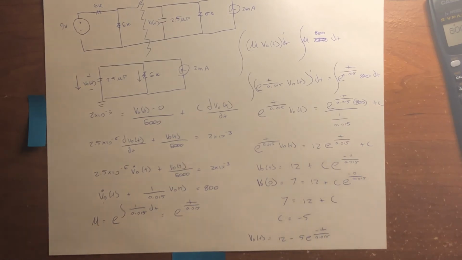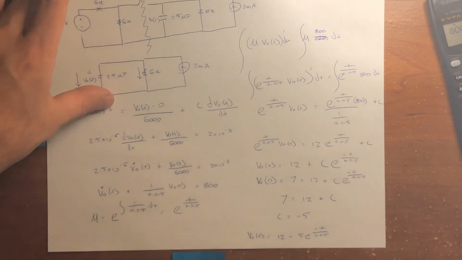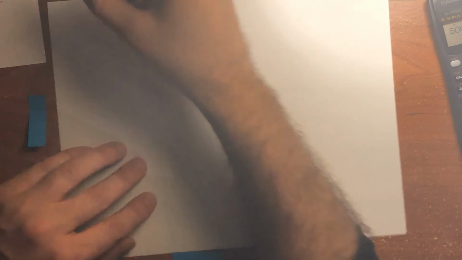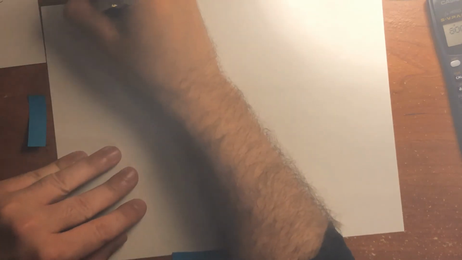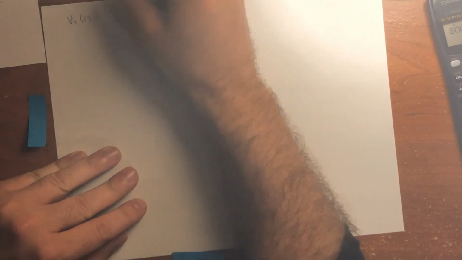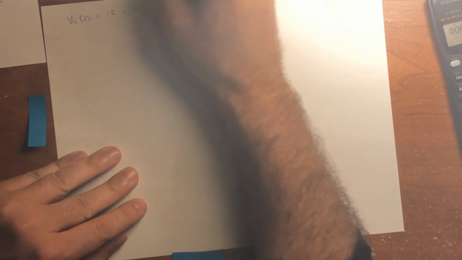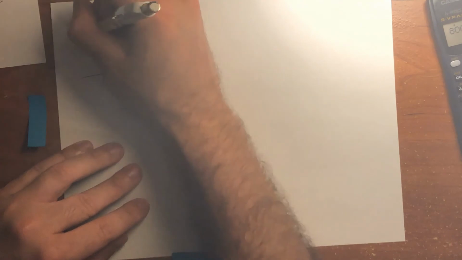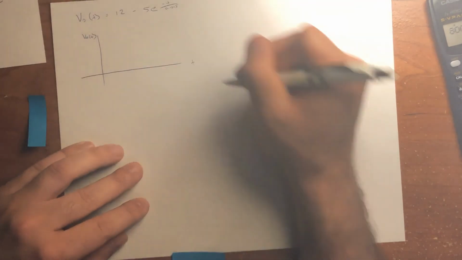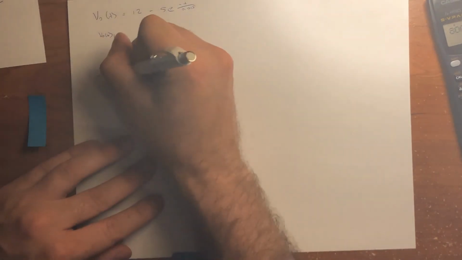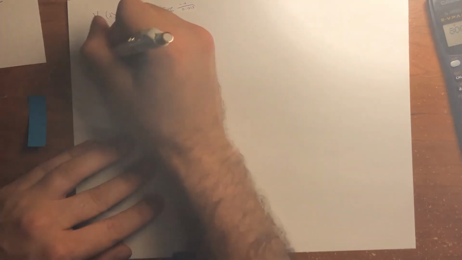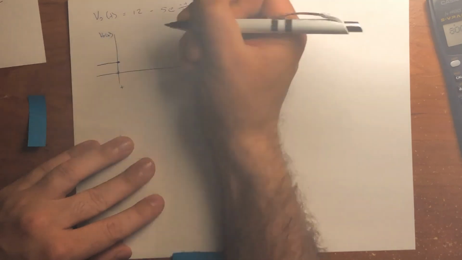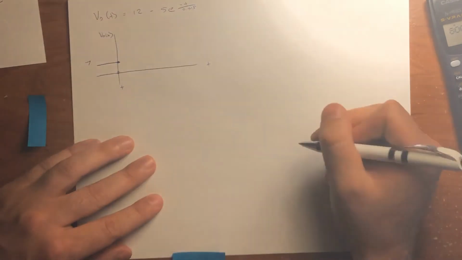Okay, so now we want to plot the response just to see how it looks. So we put the equation in again: v naught t is equal to 12 minus 5e to the negative t divided by 0.015. When t is 0, just before the switch opens up, it's at 7 volts.